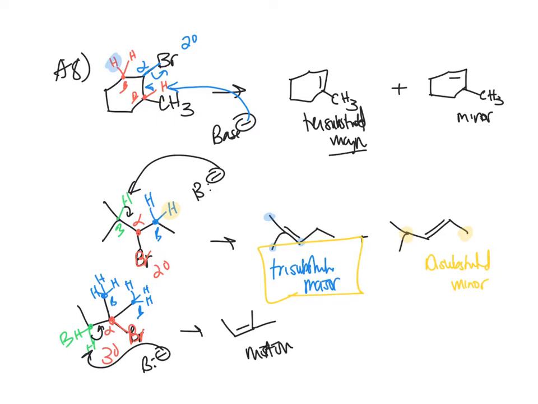And then you can see that that is going to be 1, 2, 3. Once again, we have a tri-substituted alkene. If you lose one of these hydrogens, you would get this product, which is the same as the other one, and that is a di-substituted.